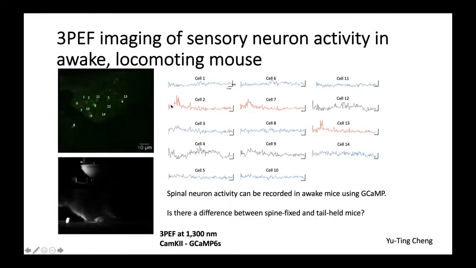On the right here, we have calcium signals from these different ROIs as the mouse is moving on the treadmill. So we're able to see, using 3-photon in awake imaging, that some neurons are functioning in the mouse as it walks.